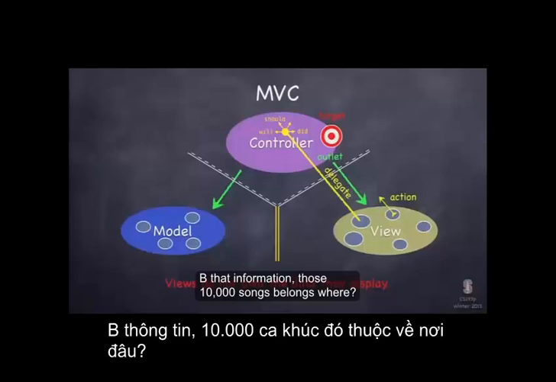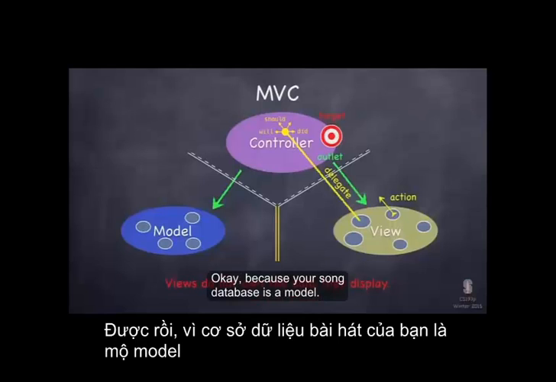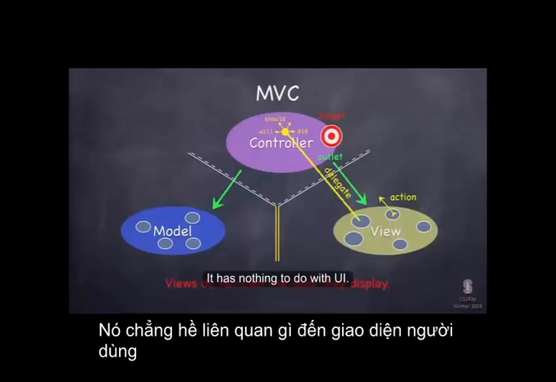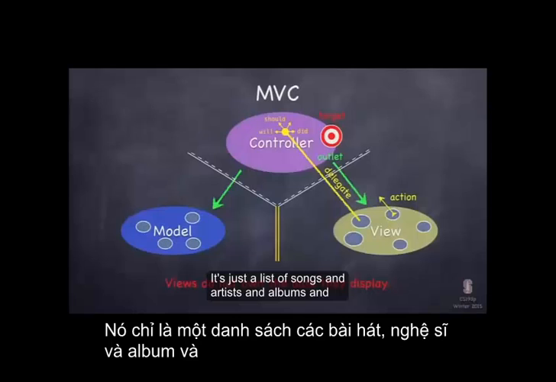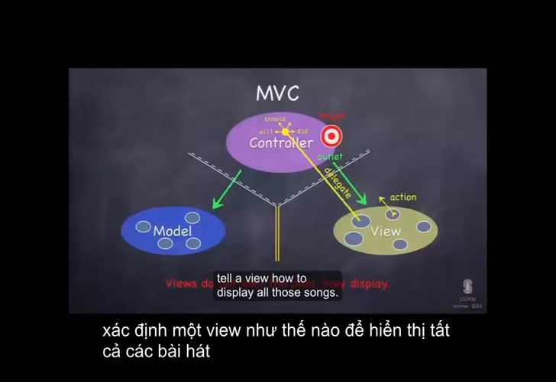A, that would be inefficient. And B, that information, those 10,000 songs, belongs where? In the model. Because your song database is a model. It has nothing to do with UI. It's just a list of songs and artists and albums and all that. It's in the model. Some controller has to look at that database and tell a view how to display all those songs.